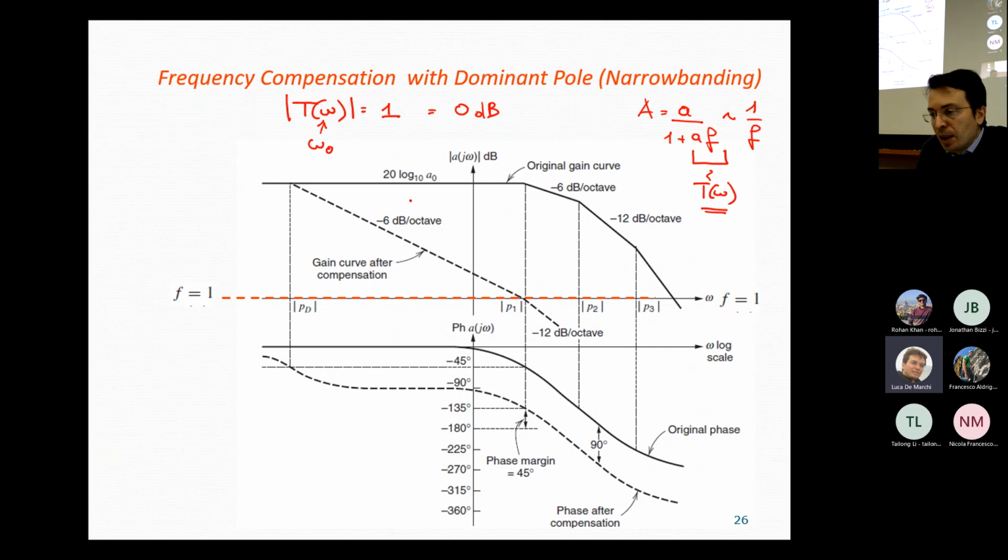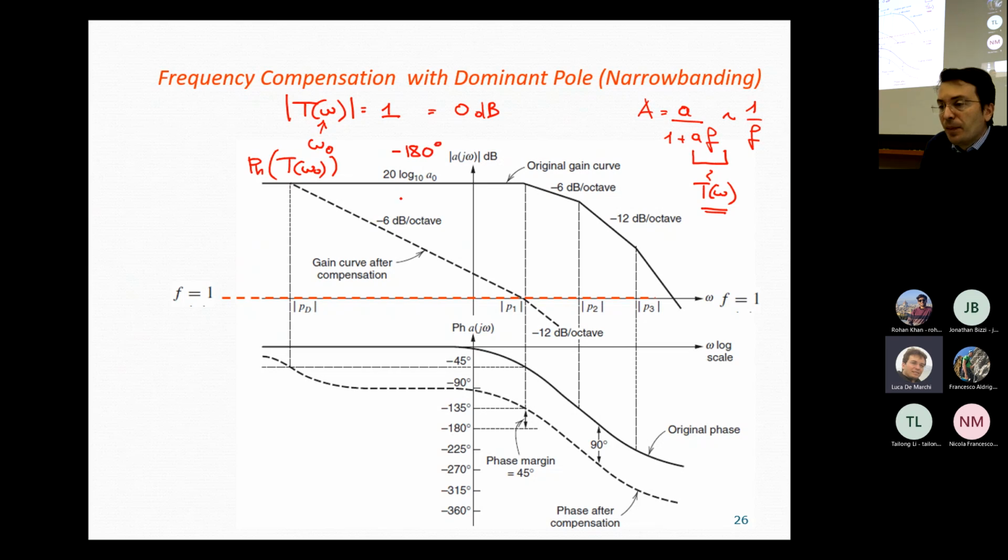When we consider the loop gain at omega null, we have to check whether the phase of this transfer function is larger or smaller with respect to minus 180 degrees.